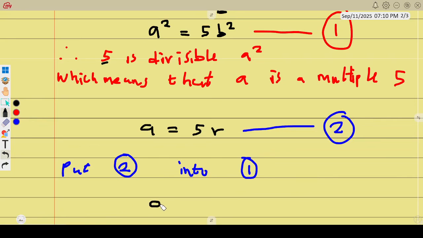So equation 2 is a squared is equal to 5b squared. That was equation 1 rather. So this equation 2 is going to be inside of equation 1. So this is our equation 1. So we have written equation 1. Now let's put equation 2 into equation 1.